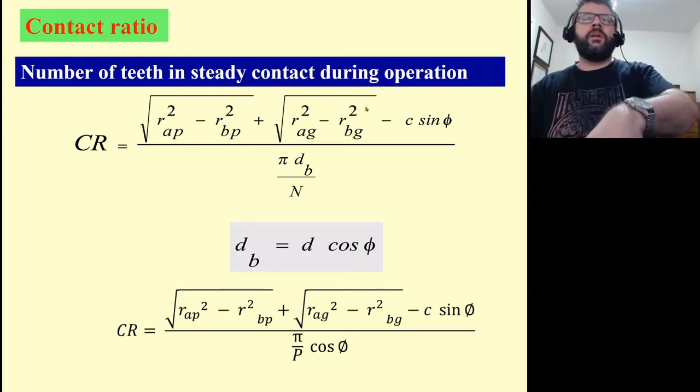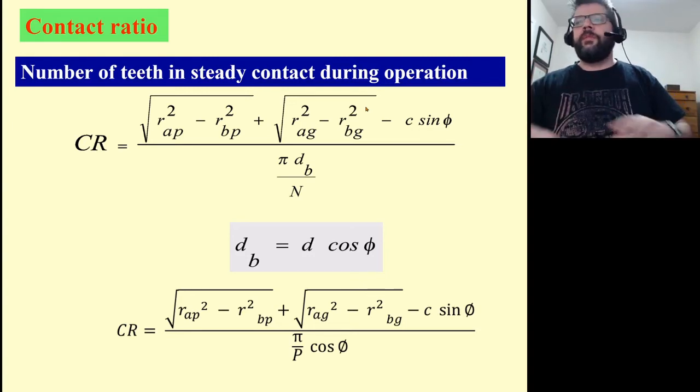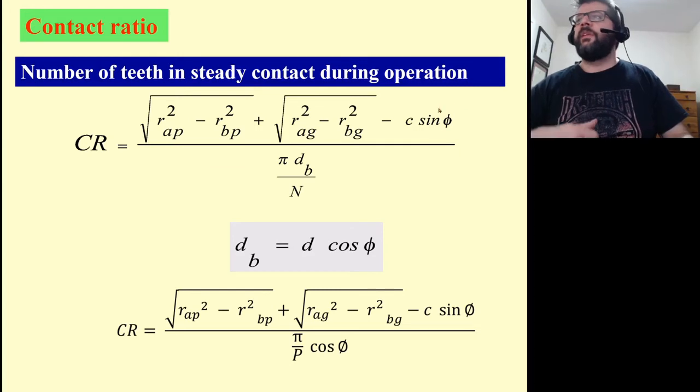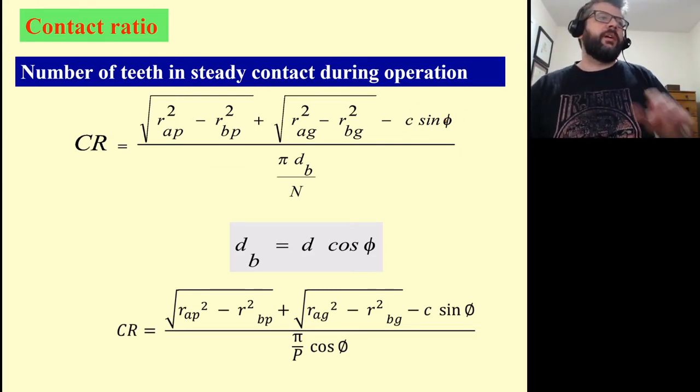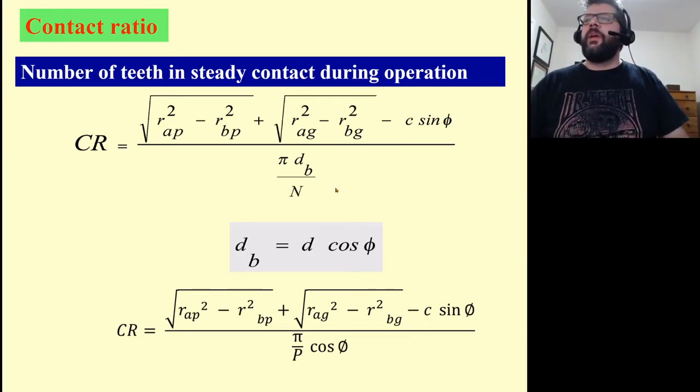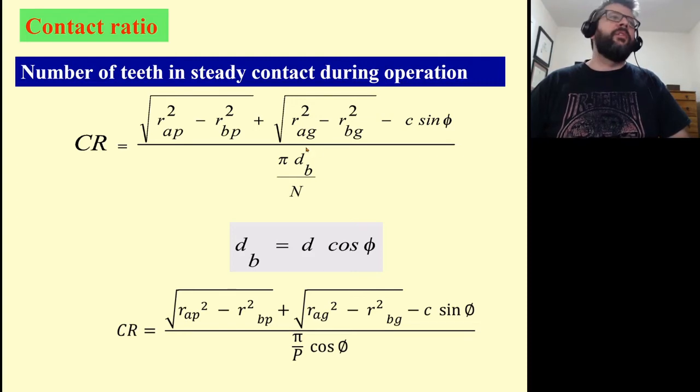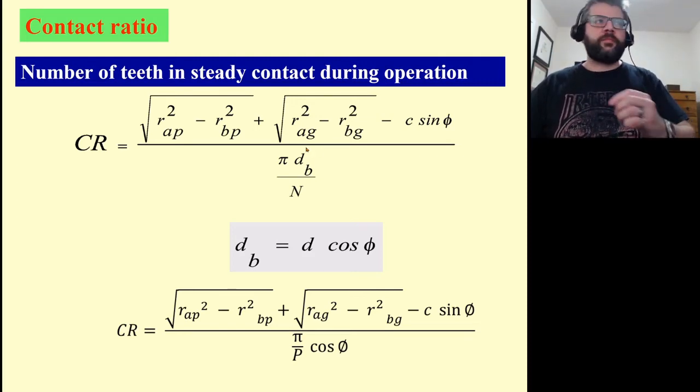The addendum is the radius of the end of the tooth. Then the center line distance between the two and the pressure angle, and then all that divided by our diameter of the base circle.